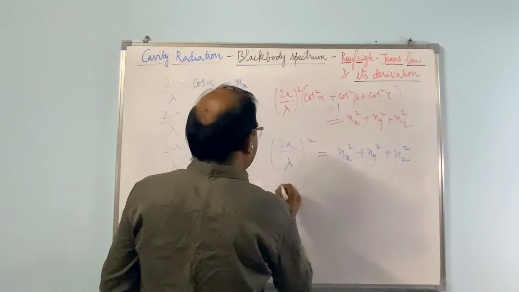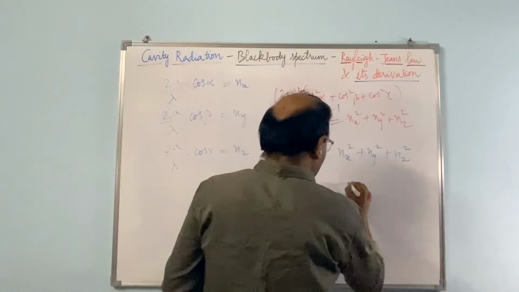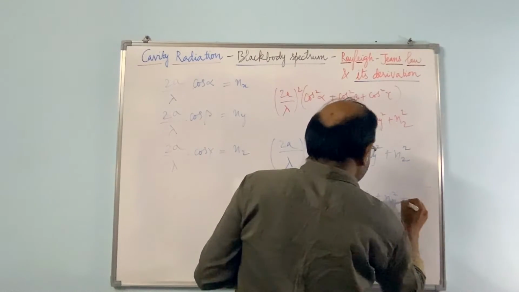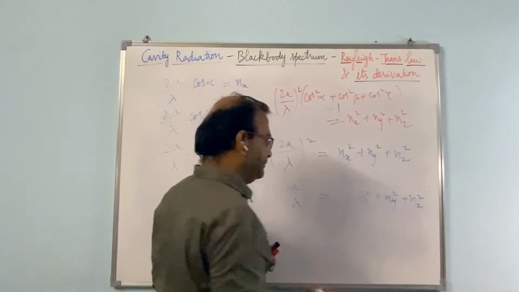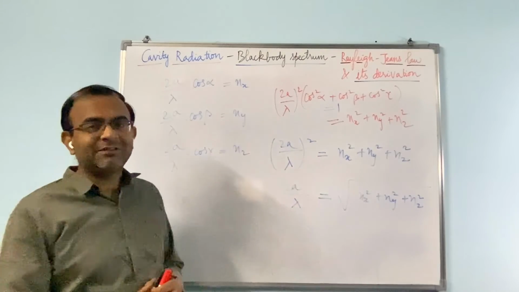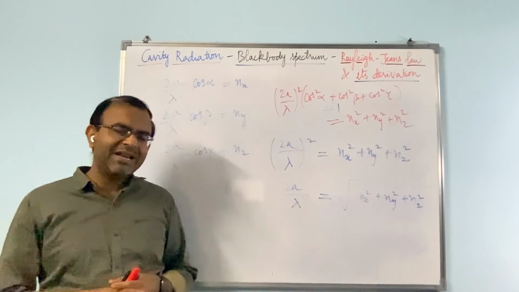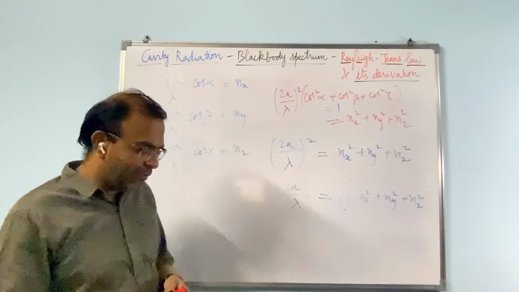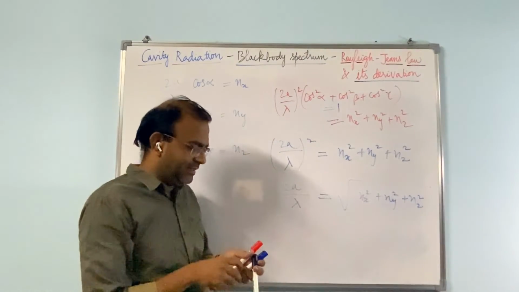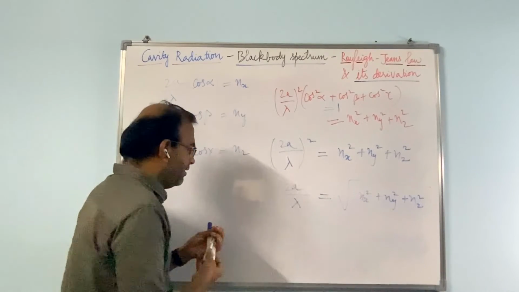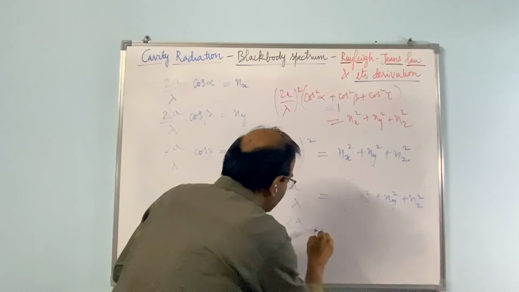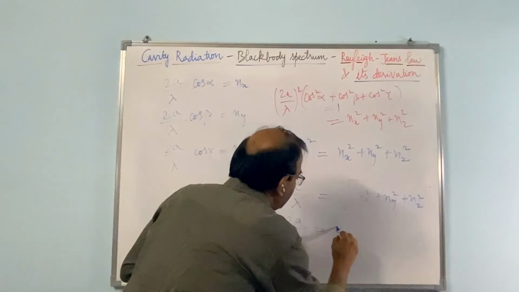2a over lambda alone is equal to square root of nx squared plus ny squared plus nz squared. Please recall that from our earlier discussion of the three-dimensional wave propagating in an arbitrary direction, the length was r. So in this case, our 2a over lambda would correspond to r.